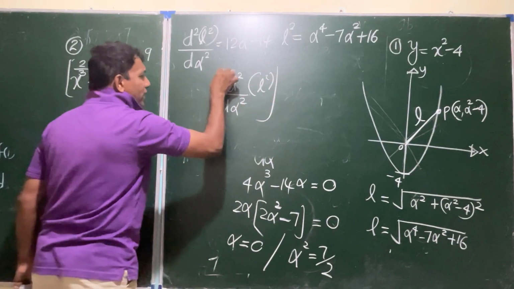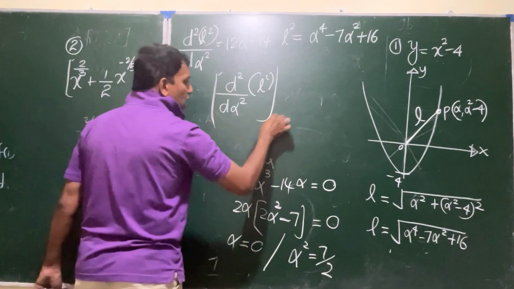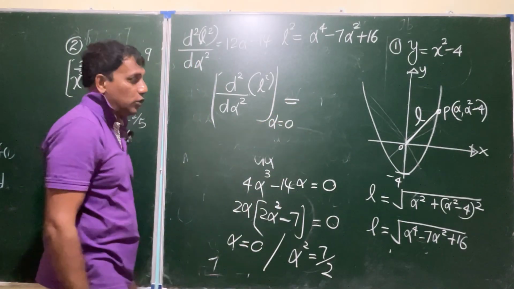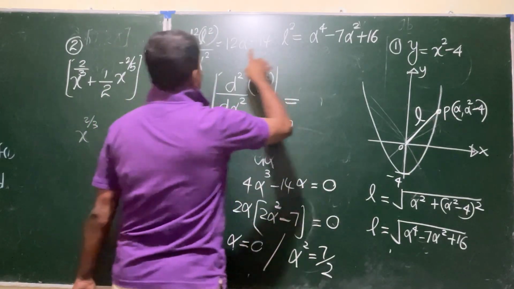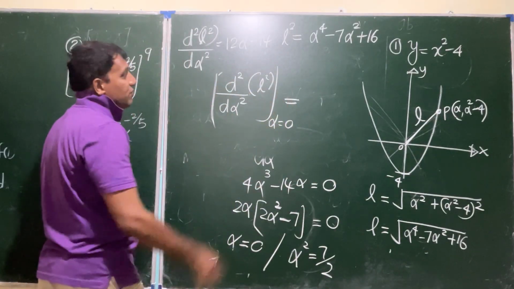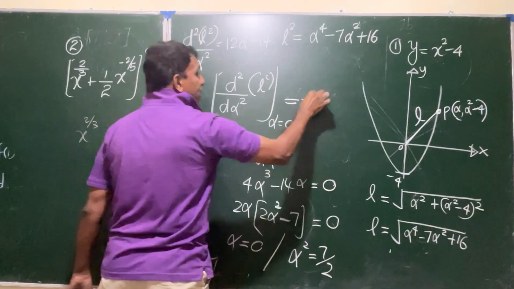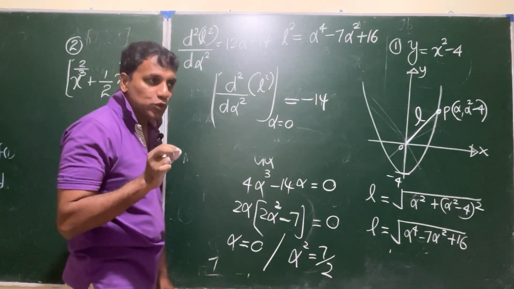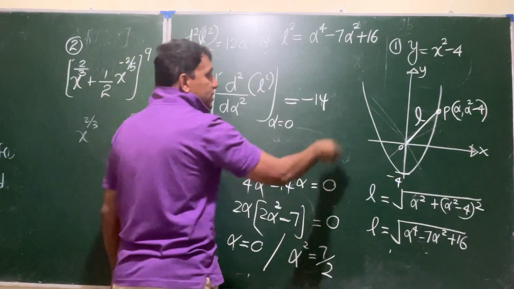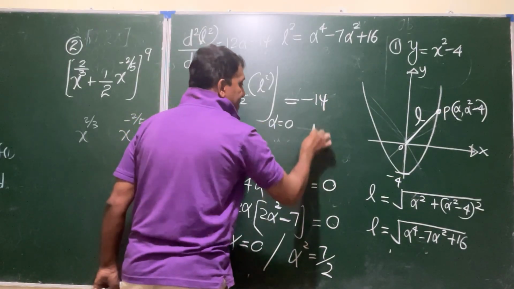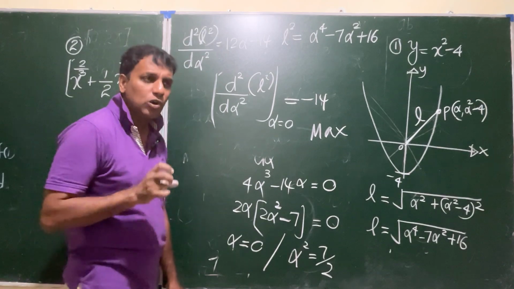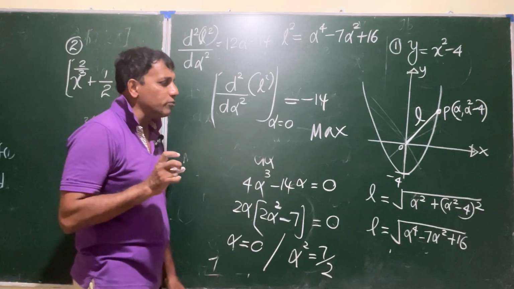I will check when alpha becomes 0. The sign of the second differentiation at alpha 0 is minus 14. My dear students, the second differentiation becomes a negative answer, then we call it maximum, right? Alpha 0 gives the maximum distance from the origin.